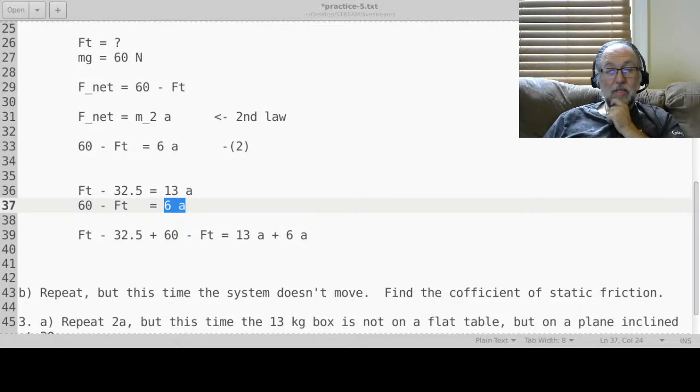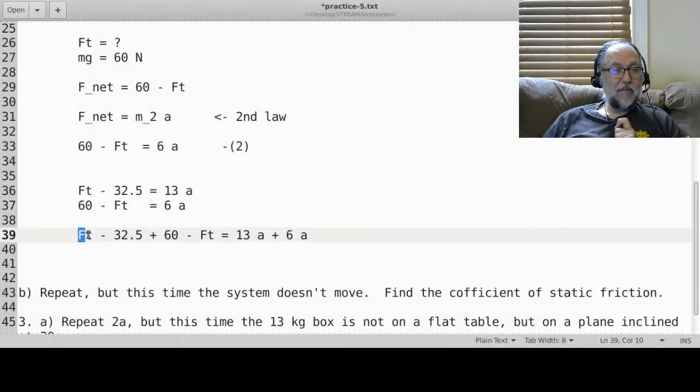The reason this method works, although it doesn't always work for two equations and two unknowns, is that it works in these particular problems. If you try this trick in a math class, it probably won't work. But here, take a look: that Ft is positive and it subtracts against that Ft, so they cancel.